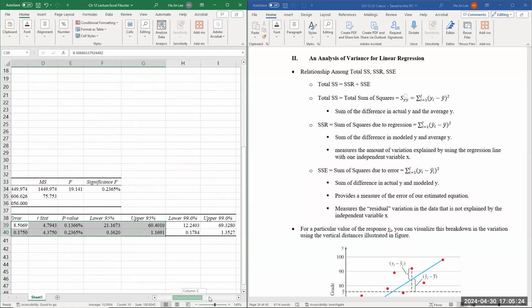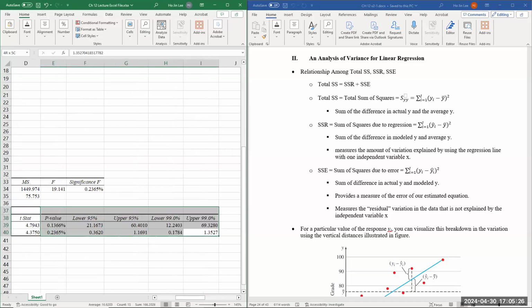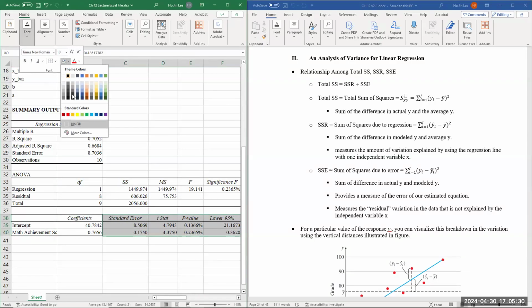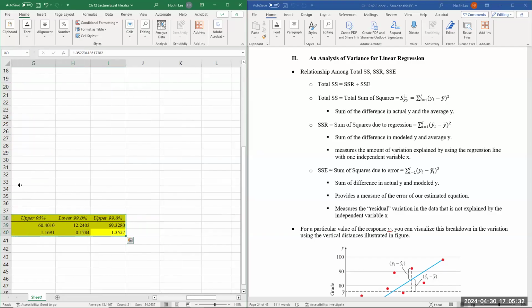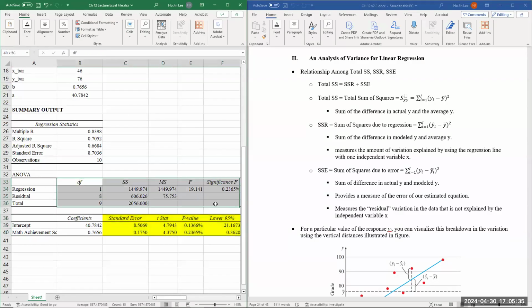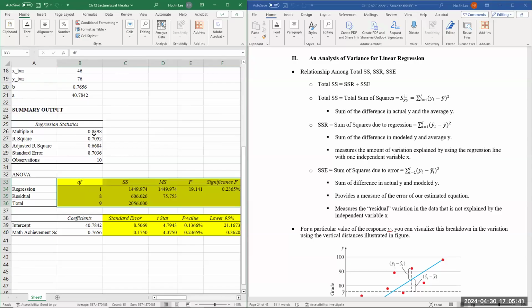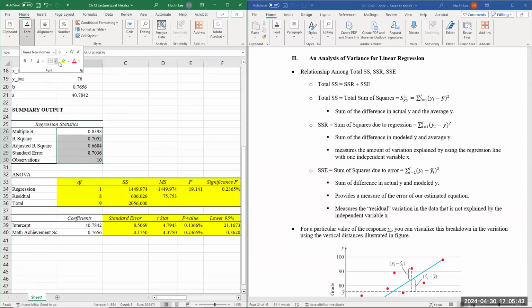So what I'm going to do is highlight everything. Okay? And every time we go over something, I'm going to unhighlight it. Observations is easy.